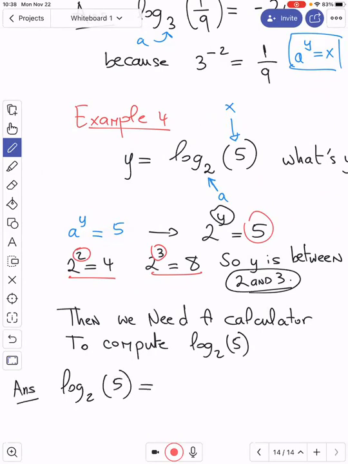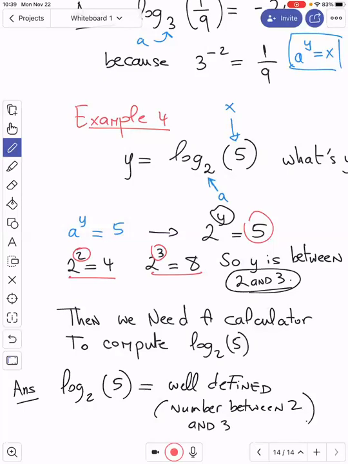This is a real number between 2 and 3, but to find this number, you're going to need a calculator. It's well defined, but we just need a calculator to find this number. So I shouldn't have to really worry about it then? No, you don't have to worry about it.